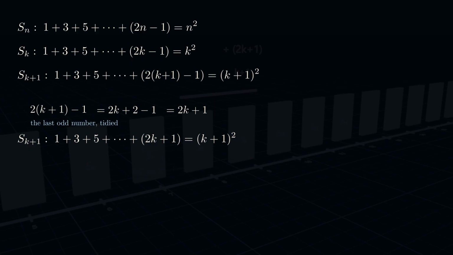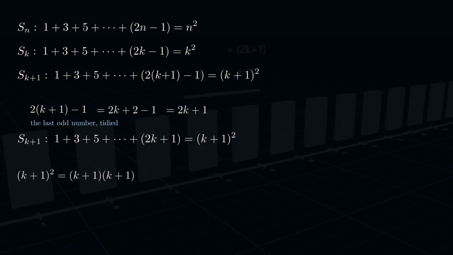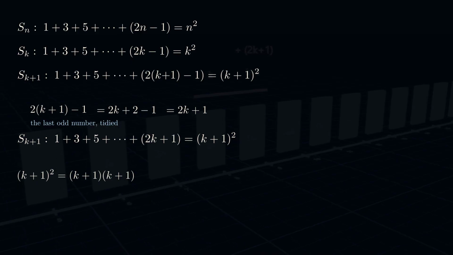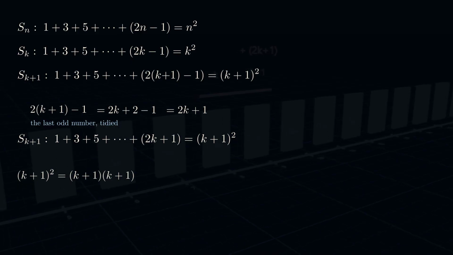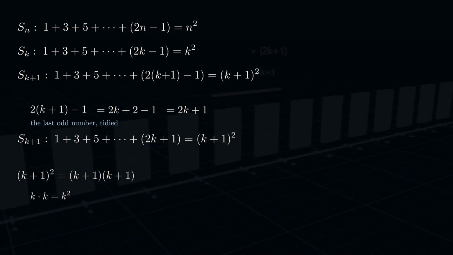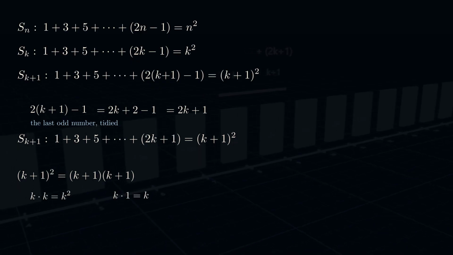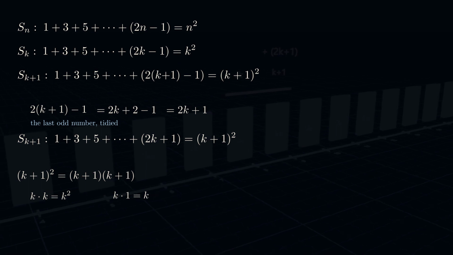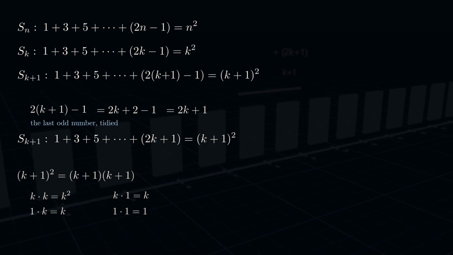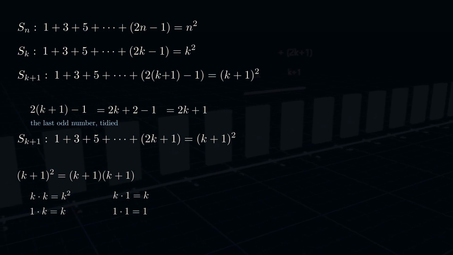And the target, the right side of Sk+1, is k plus 1 squared. Multiply that out too, so that we recognize it when we meet it. K plus 1 times k plus 1. K times k is k squared. K times 1 is k. 1 times k is k. 1 times 1 is 1.